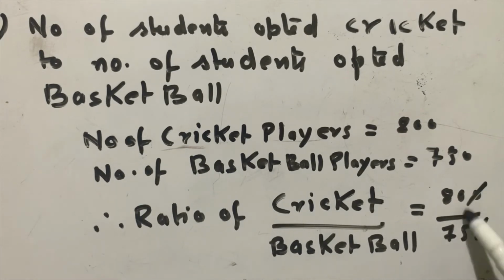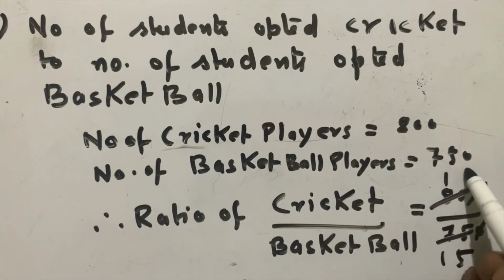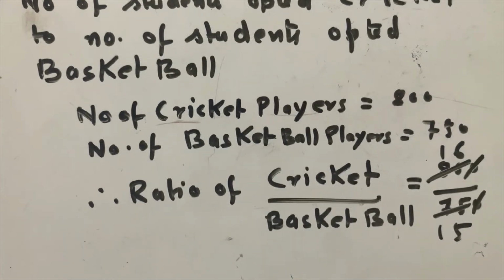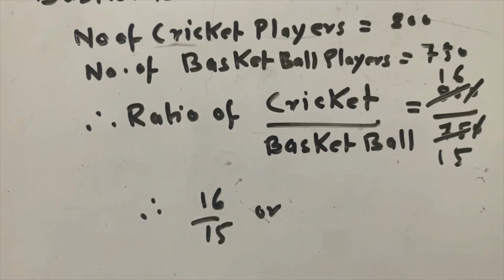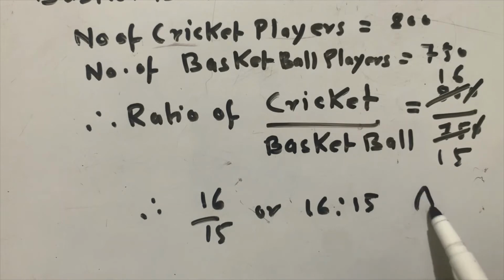Now this 0 cancel. We will read the table of 5. 5 1s are 5, 5 5s are 25, 5 6s are 30. Now we got the answer 16/15 or 16:15. It is the answer.